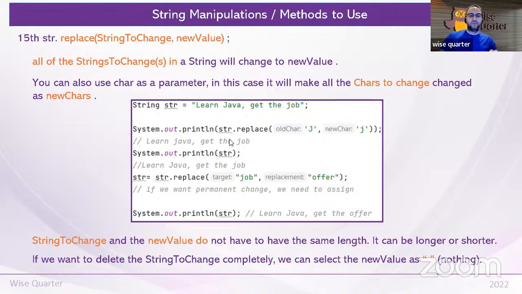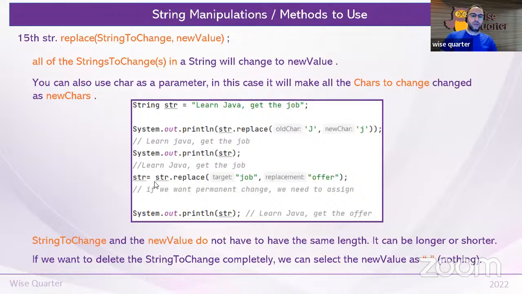But even though you use replace to change something, it won't change the original one. As you can see, when I try to print the original str, it will still print a capital letter. If you make the assignment like this, you can change the original value.